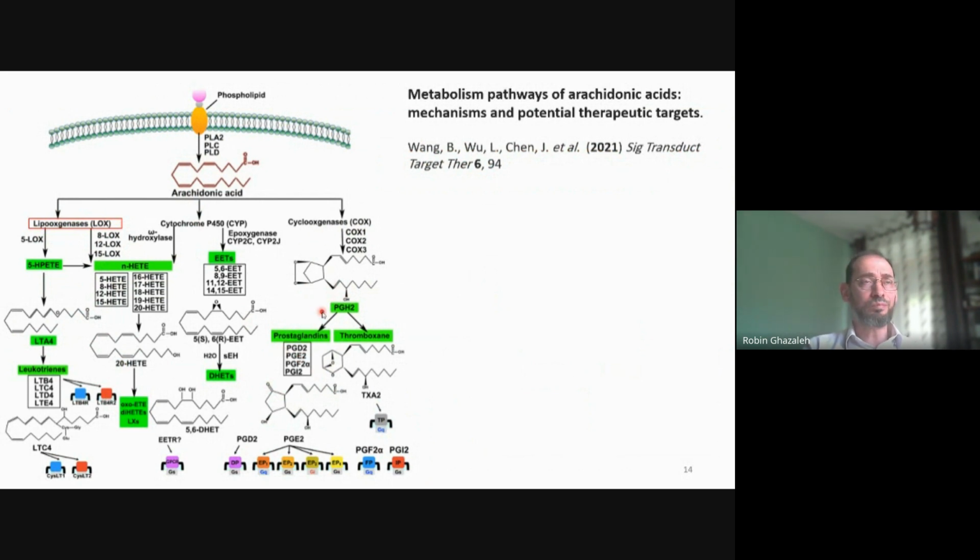The cyclooxygenase pathway produces prostaglandins and thromboxane. Here is a thromboxane, here is a prostaglandin. It's not necessary to memorize the biochemistry much, this is just for recognition. Leukotrienes, these are the leukotrienes. They have strange things, cysteines attached to them, glycines, glutamate.